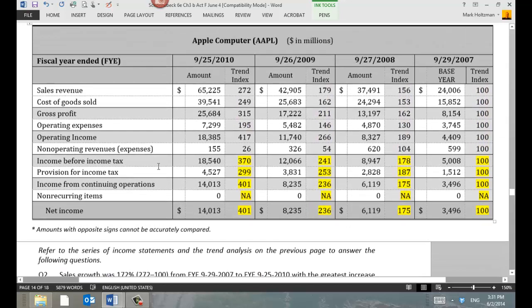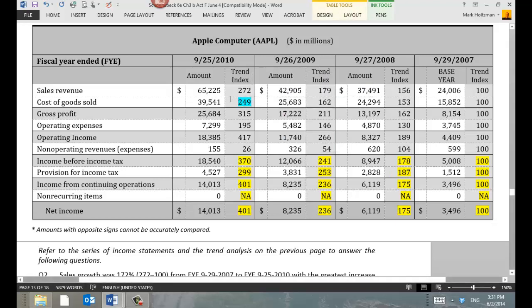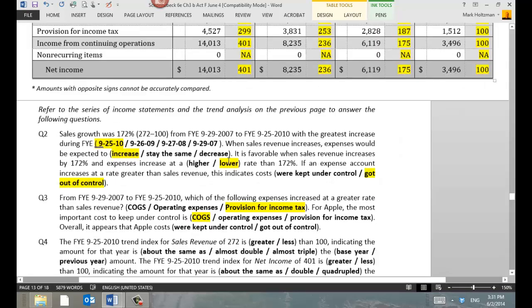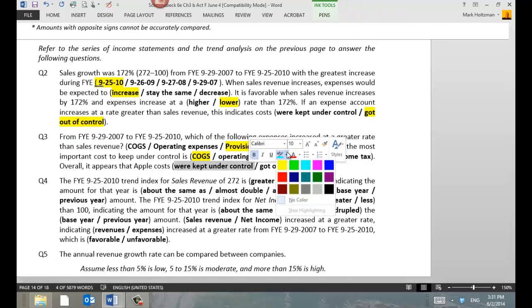Overall, it appears that Apple kept costs under control, because look here, cost of goods sold is 249, which is less than sales revenue. So sales revenue increased at a higher rate than cost of goods sold. So Apple kept its costs under control.